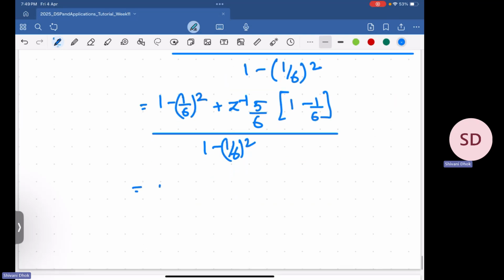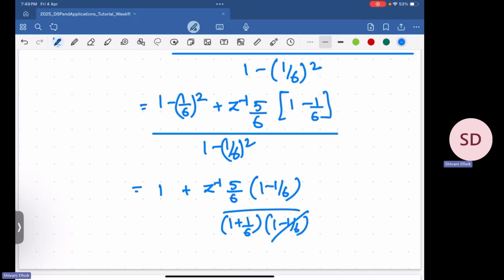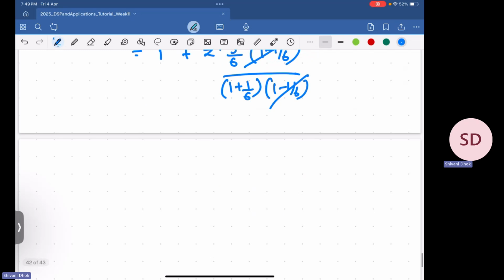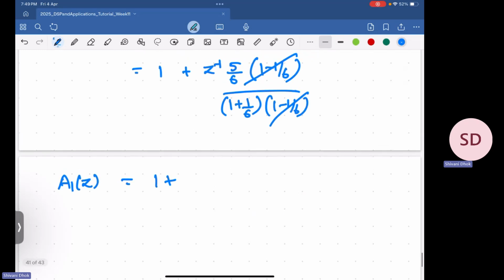So this is equal to 1 plus z inverse into 5 by 6 into 1 minus 1 by 6. The denominator I can write as 1 plus 1 by 6 into 1 minus 1 by 6. This gets cancelled and what we are left with is A1 of z equal to 1 plus z inverse into 5 by 6 divided by 7 by 6. So this is equal to 1 plus 5 by 7 z inverse.